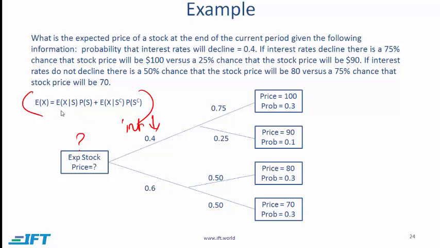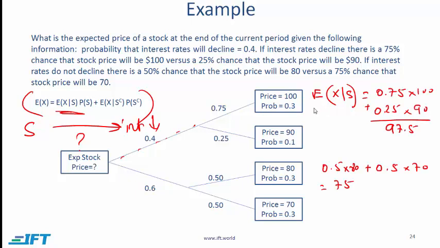And we can use the expression that we just saw. The first thing we do is figure out the expected value of the stock price given S. Let's say that the event S is that interest rates go down. So we are on this leg of our probability tree. So the expected value of X, which is a random variable, that's the price of the stock, given that the interest rates go down.